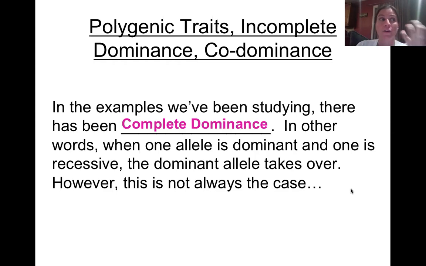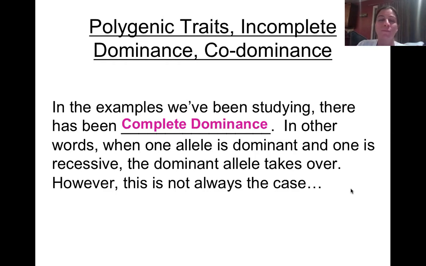If you had an uppercase with a lowercase letter, the uppercase letter hid the lowercase letter. It was in the DNA, it was in the organism, but the organism didn't show anything for it. But when you had two lowercase letters, the two recessive alleles, that showed that trait.